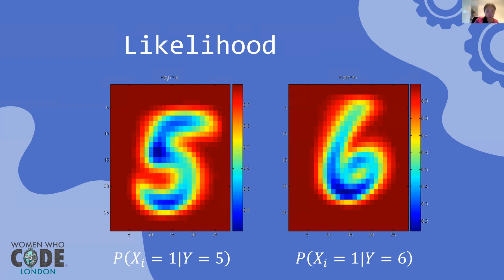For each pixel, I have a probability. This xi is each pixel, where i is the number, like the first pixel, the second pixel, till the dth pixel, the number of features I have. In this case, if it's dark red, it means it's 1.